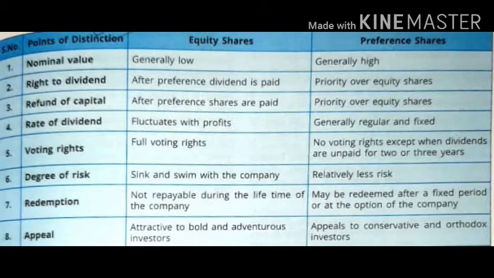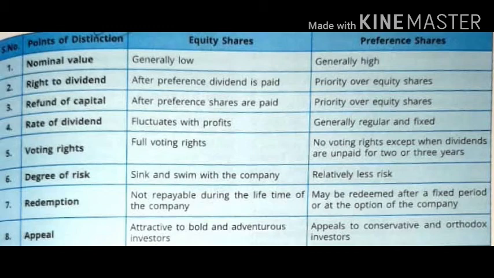Priority over equity shares. Third is refund of capital: after preference shares are paid, preference shares are given priority over equity shares. Rate of dividend fluctuates with the profit in case of equity shares, and in preference shares it is generally regular and fixed. Equity shares have full voting rights, whereas preference shares have no voting right except when dividends are unpaid for 2 or 3 years.